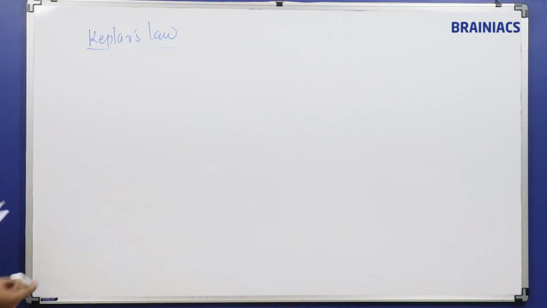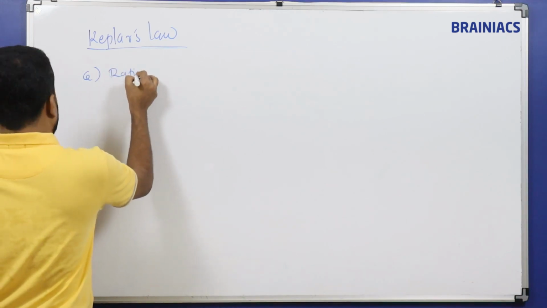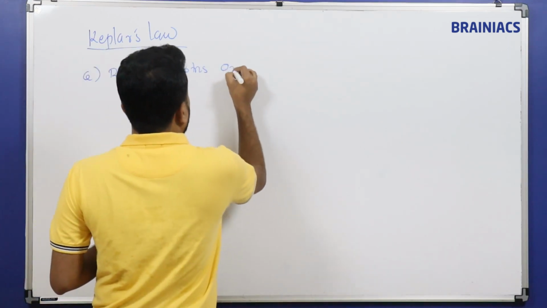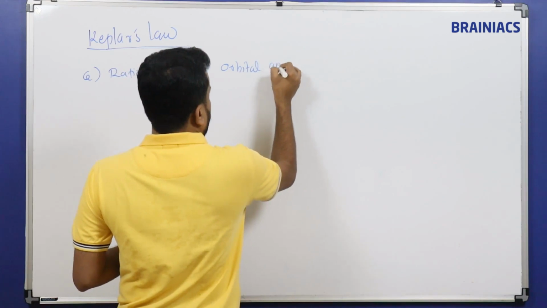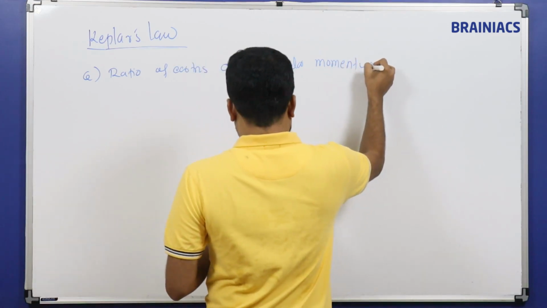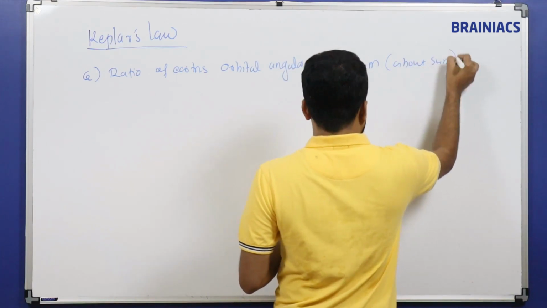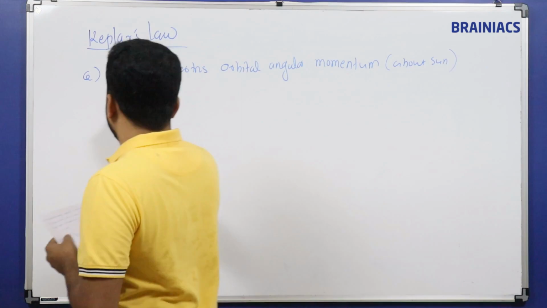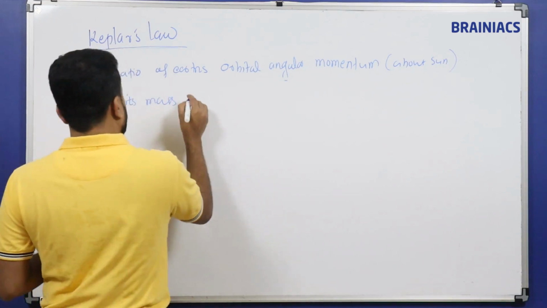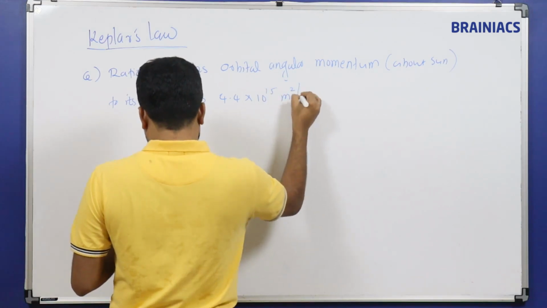The question is, we will write the question. Ratio of Earth's orbital angular momentum about sun, with respect to sun. So Earth is a planet, here about the sun, to its mass, which means angular momentum to mass is 4.4 into 10 raised to 15 meter square per second.